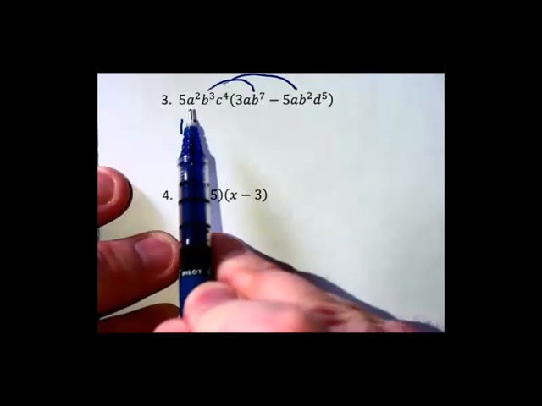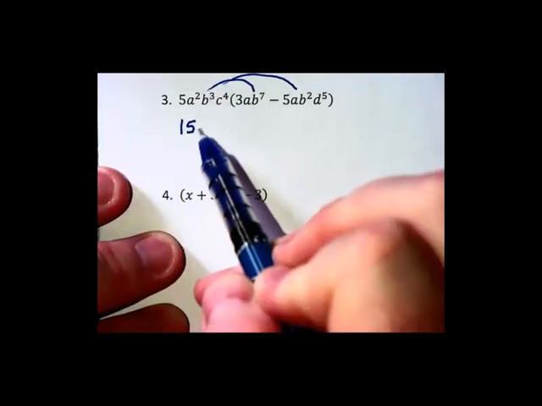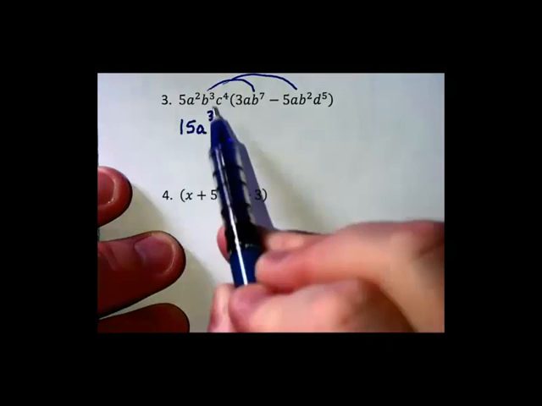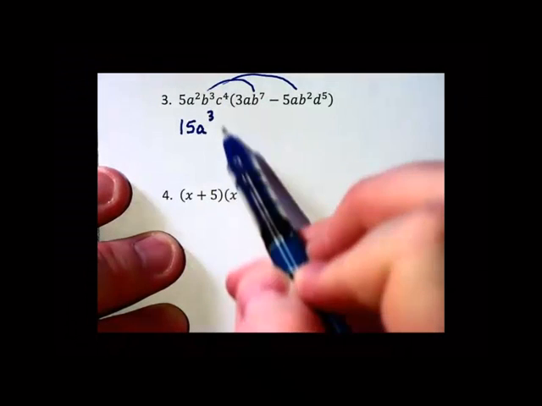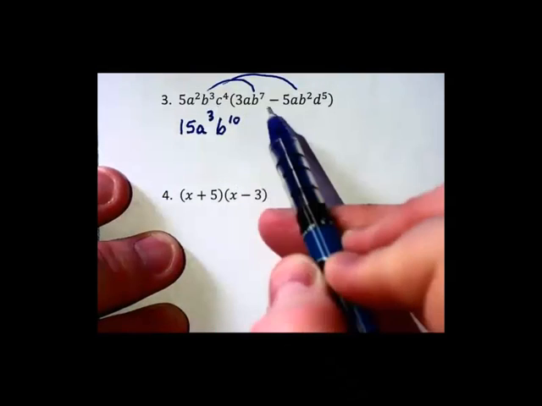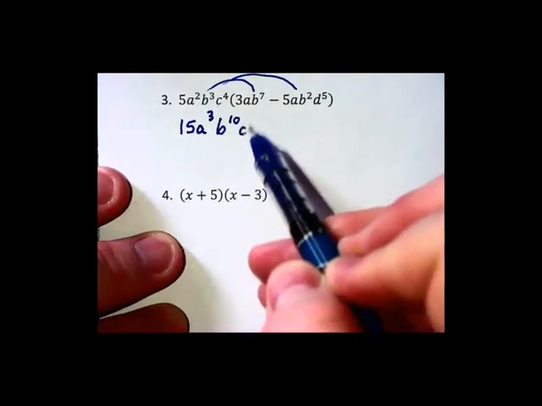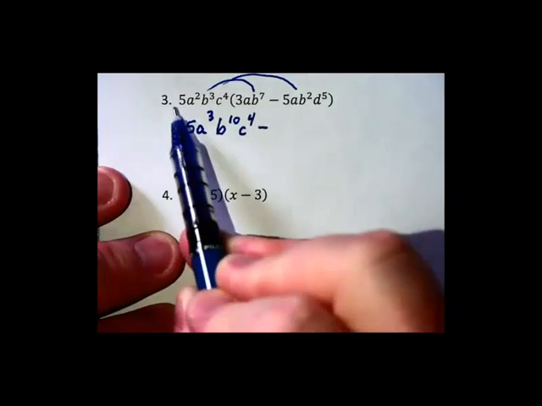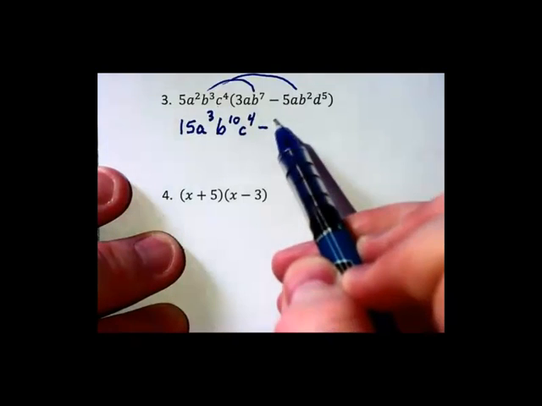For the a's, we have a squared times a, that's 2 plus 1 making 3, so we have a cubed. B to the 3rd times b to the 7th, 3 plus 7 makes 10. C to the 4th times no more c's makes c to the 4th. Then we're going to have our minus sign because positive 5 times negative 5 makes negative 25.